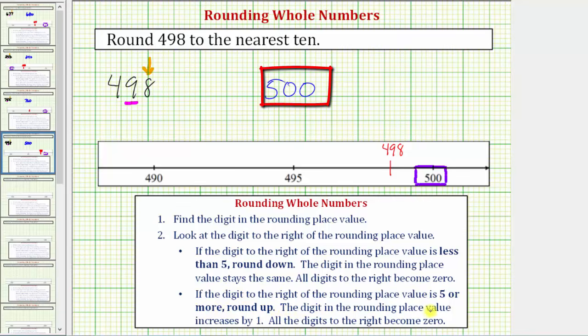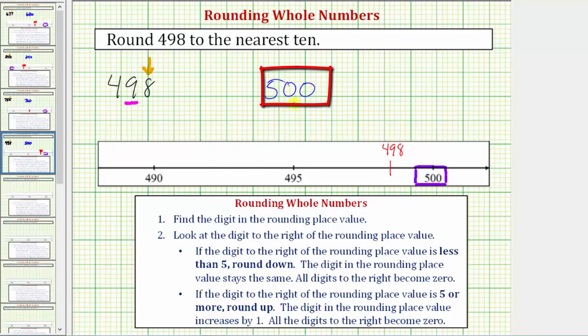So the digit in the rounding place value increases by 1, and our digit to the right becomes 0. So this one's a little bit different because notice how if we increase 9 to 10, 10 tens gives us 100. So we add a 1 to the 4 in the hundreds place value, which gives us a 5 in the hundreds, and all digits to the right become 0, giving us 500.